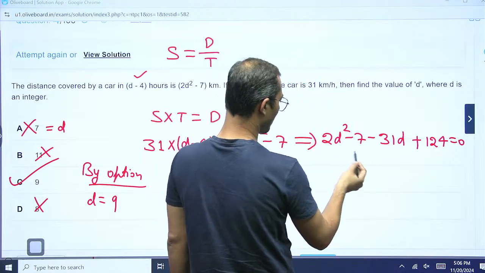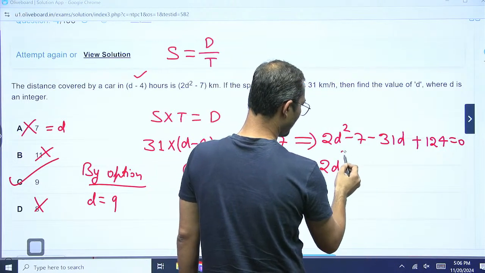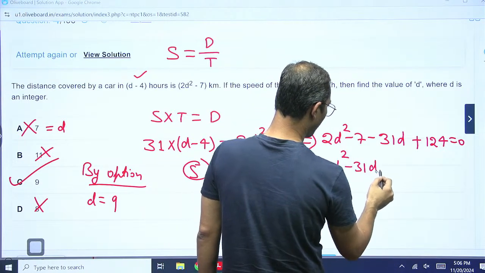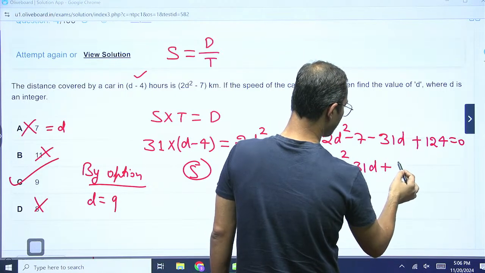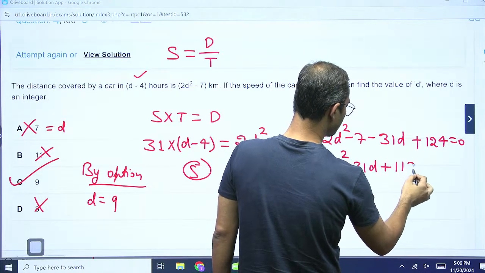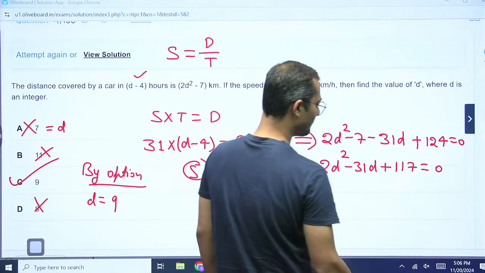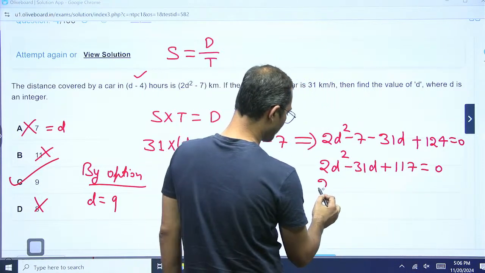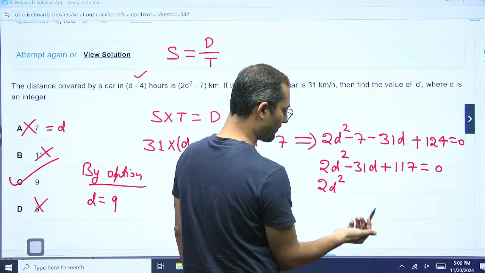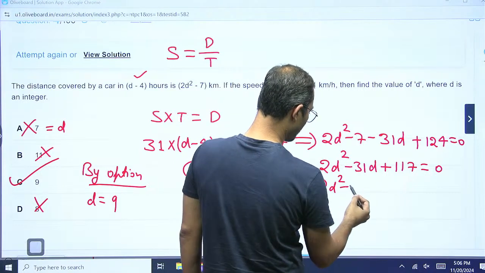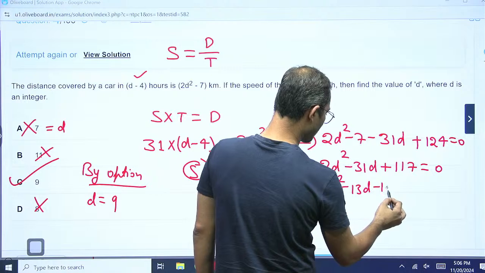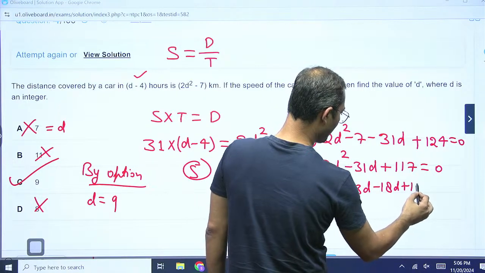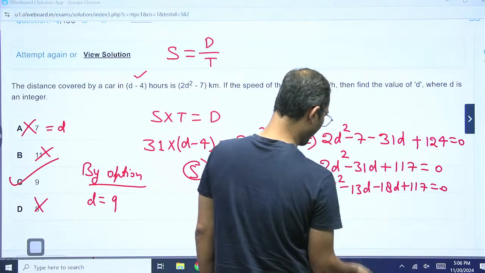So you have to solve this quadratic equation. You can break it by the middle term approach: 2d square minus 13d minus 18d plus 117 is equal to 0.